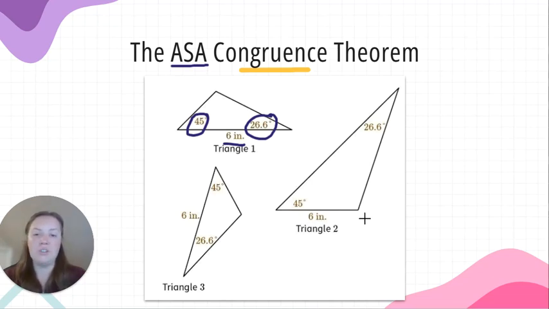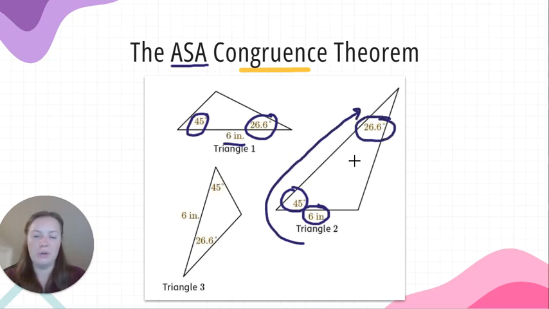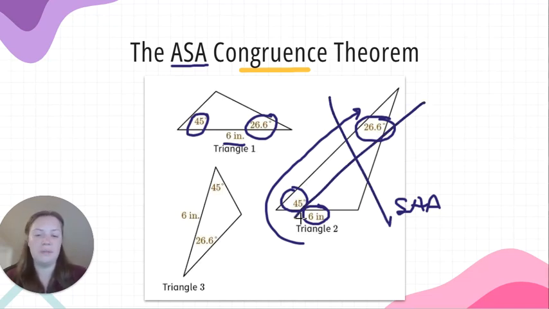In triangle 2, as we're walking around our triangle, we have side, then an angle, and then another angle. Side-angle-angle is not what we're looking for, and that's not even a congruence theorem in this case. So this one is not it.